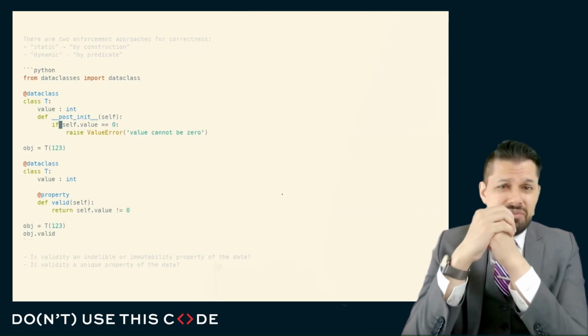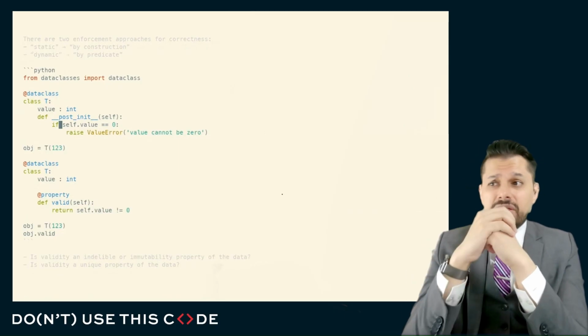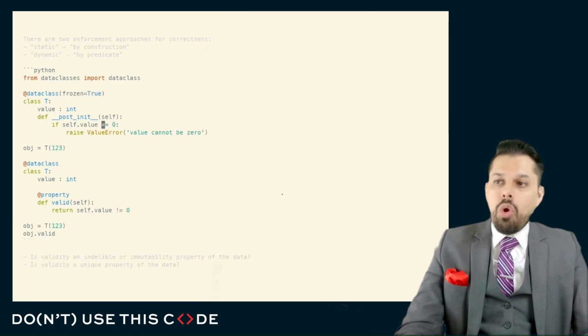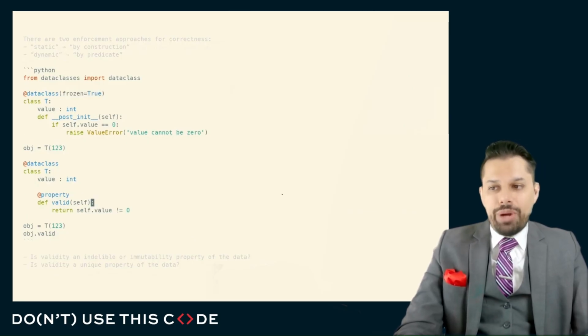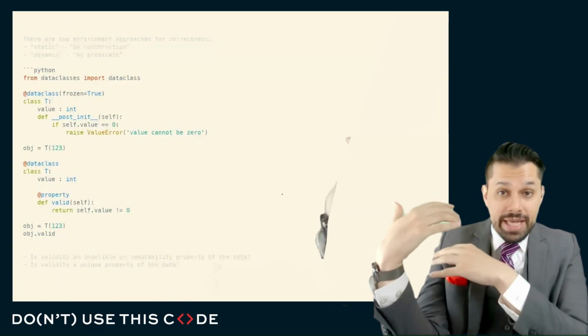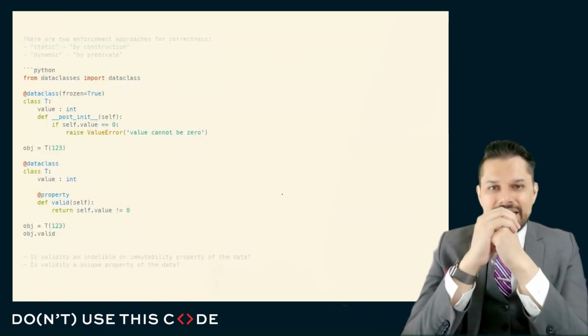And I can pretty much check for this invalid value on construction and perhaps even make this thing frozen, or I can add in a predicate. I can add in here a property that allows me to represent invalid data, but then ask, is this data valid?